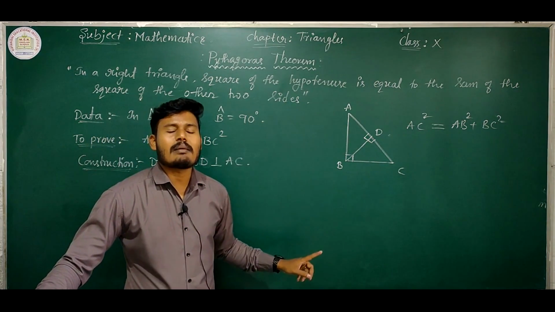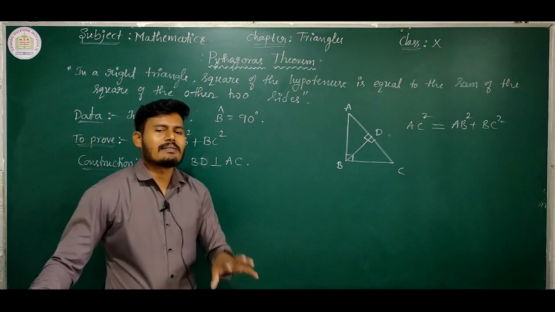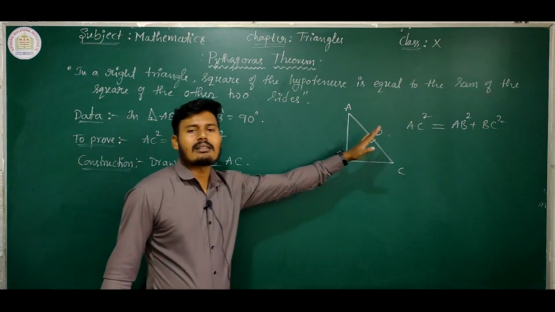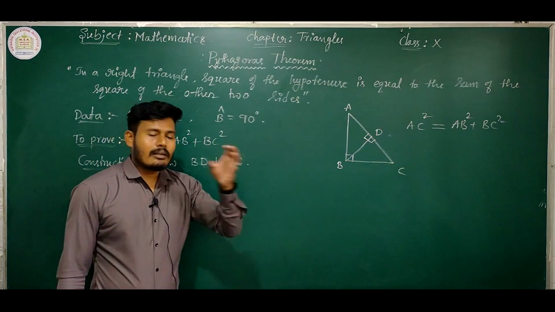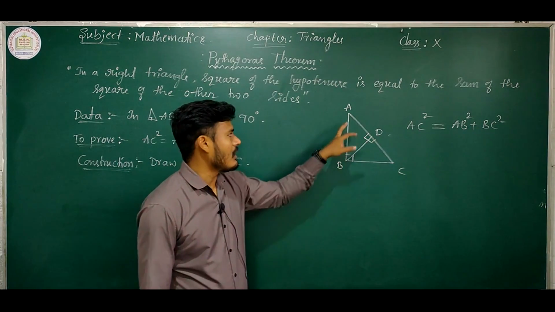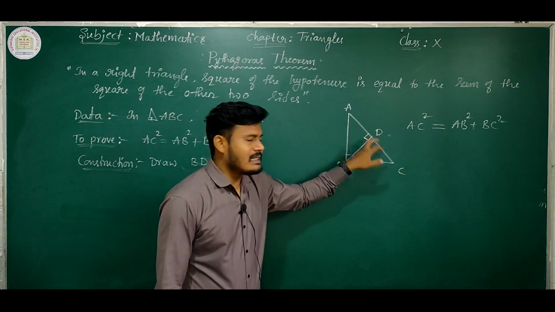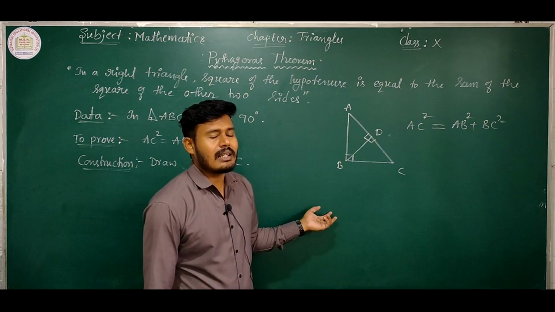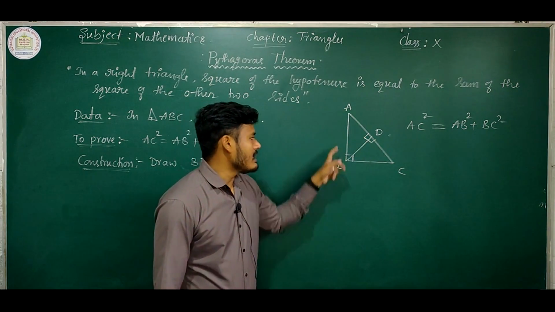So this is the statement of the previous theorem. That's why we should construct a perpendicular in the given triangle. So now we have two triangles, ADB and BDC, and one more right angle triangle is there, that is the original triangle ABC.